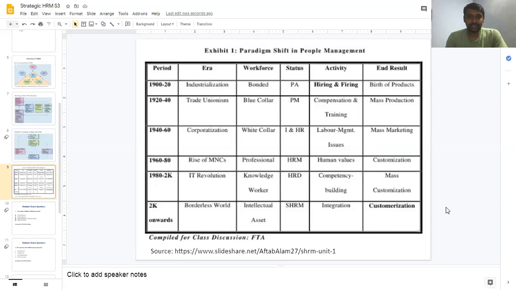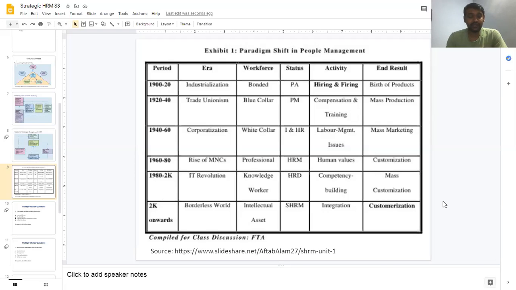They would be given a task which had to be accomplished at a particular time. They would be hired if the superiors were satisfied, or else thrown out of the task. Here the end result will be only the birth of certain products. So this is the era of industrialization.